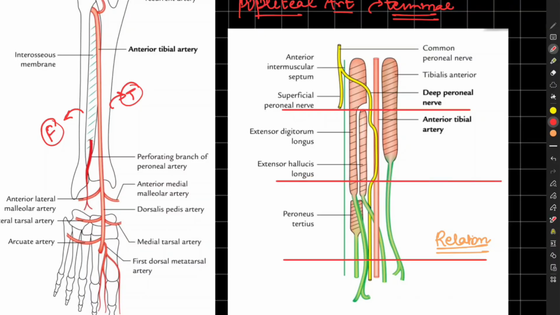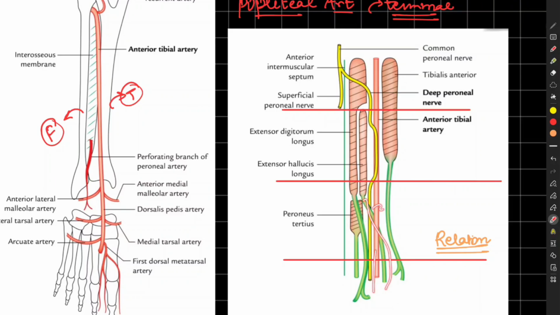In the upper one-third, the artery lies between the tibialis anterior and the extensor digitorum longus, whereas in the middle one-third it lies between the tibialis anterior and the extensor hallucis longus, whereas in the lower one-third it lies between the extensor digitorum longus and the extensor hallucis longus.